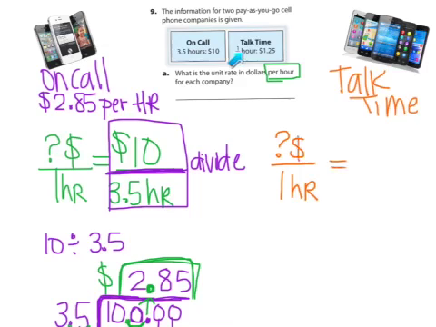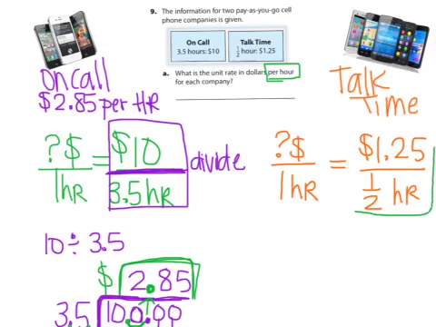I know it's half an hour and $1.25. So I'm going to put that in the same spot that I did before. Half hour is $1.25. Now we said before that you can take that fraction and it really means divide.